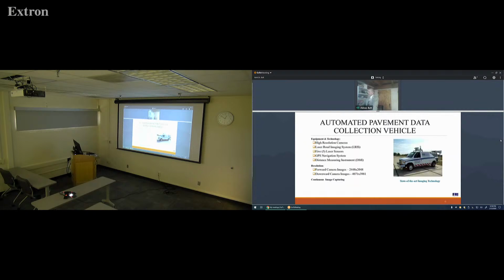We used our automated pavement data collection vehicle for imaging data collection, which included both the downward images of the pavement as well as the right-of-way images.